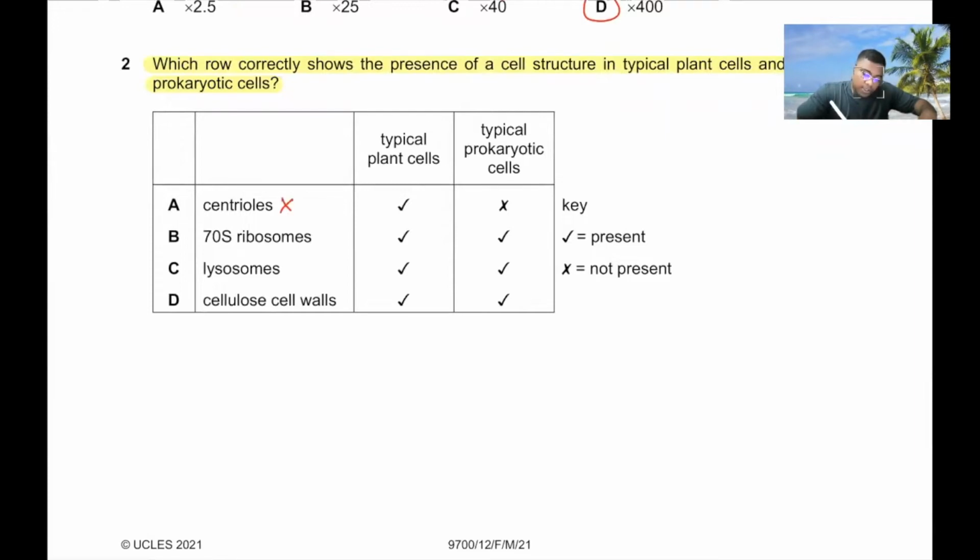Typical prokaryotic cells and typical plant cells both have 70S ribosomes, because plant cells contain mitochondria and chloroplasts, which are both descended from early bacteria.